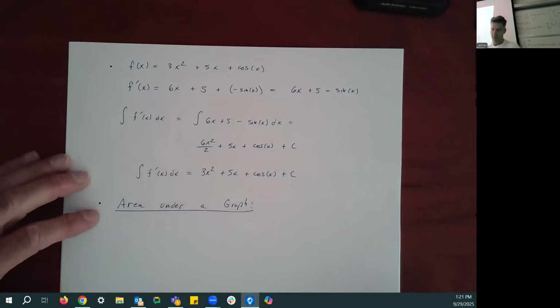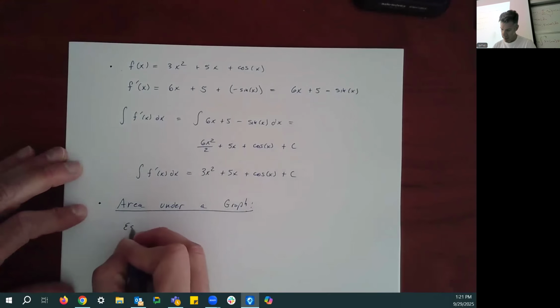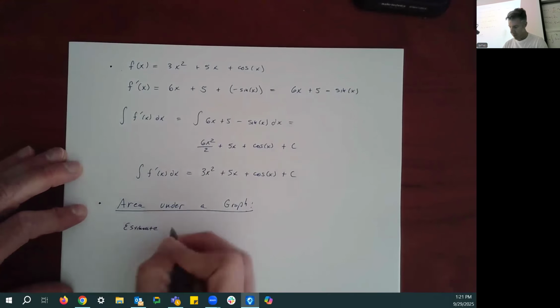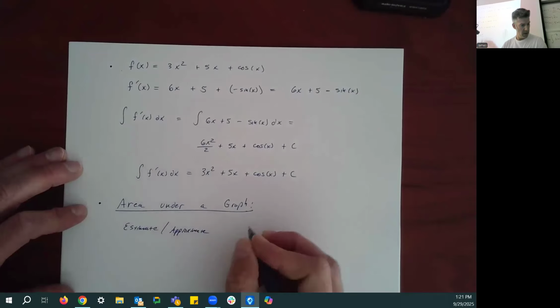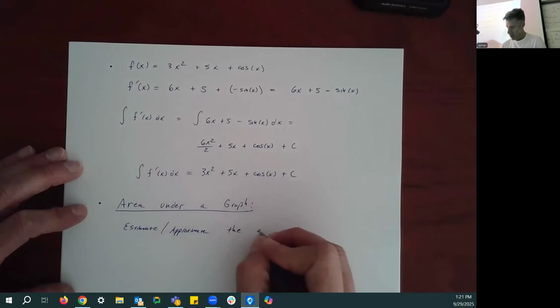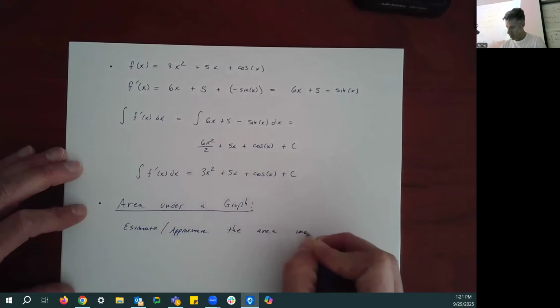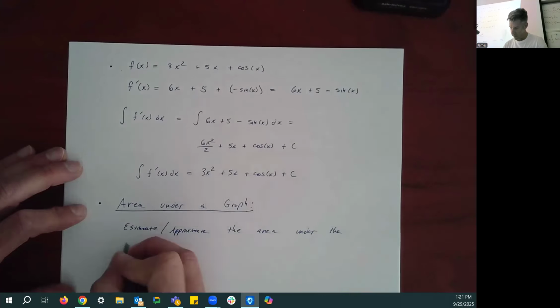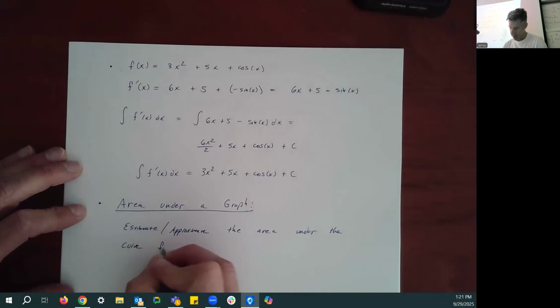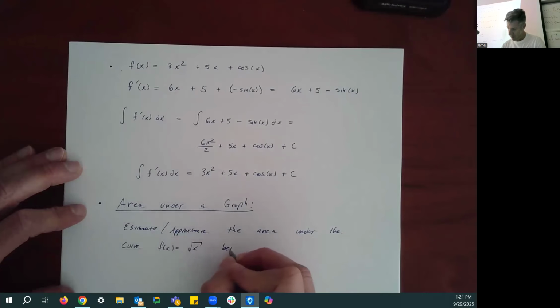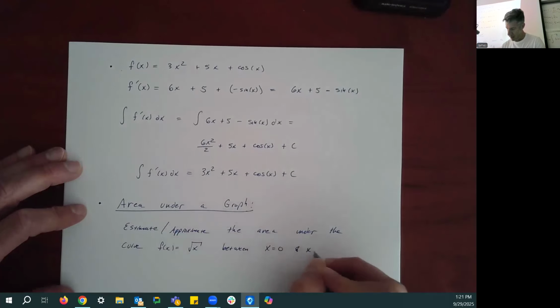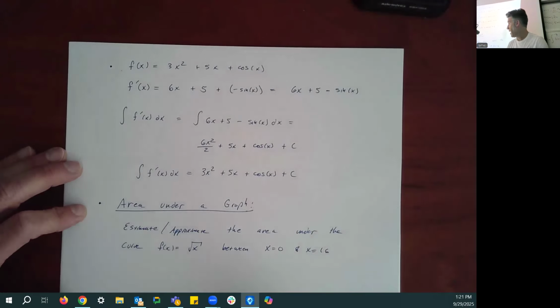So let's look at an example. We're going to estimate or approximate, whichever word you like to use, the area under the curve f of x equals the square root of x between x equals 0 and x equals 16. And usually we're given some direction as to how to do this.